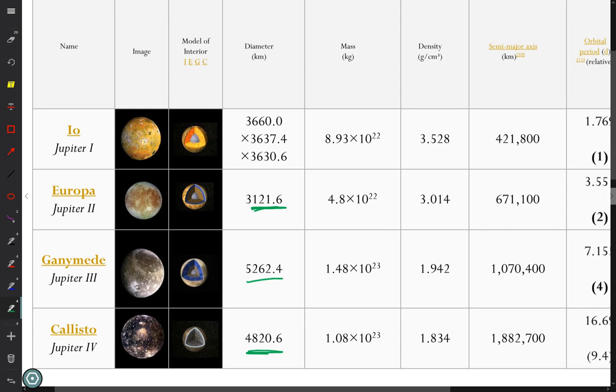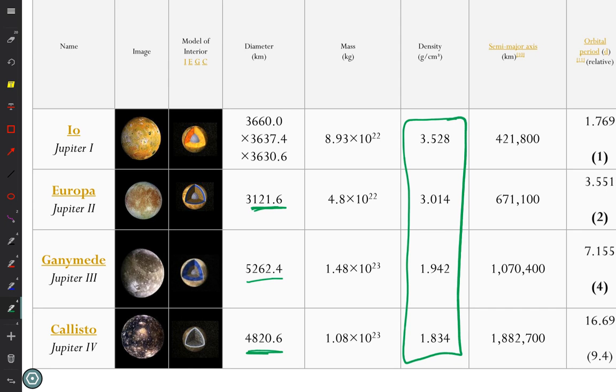You have their masses over here. I'm not going to worry about that. The densities I will worry about, though. We've talked about the densities pretty significantly. And if you look at the density of Io, what does that tell you? You look at that number, what kind of density, what other objects have you seen with densities like that? Okay, Venus.